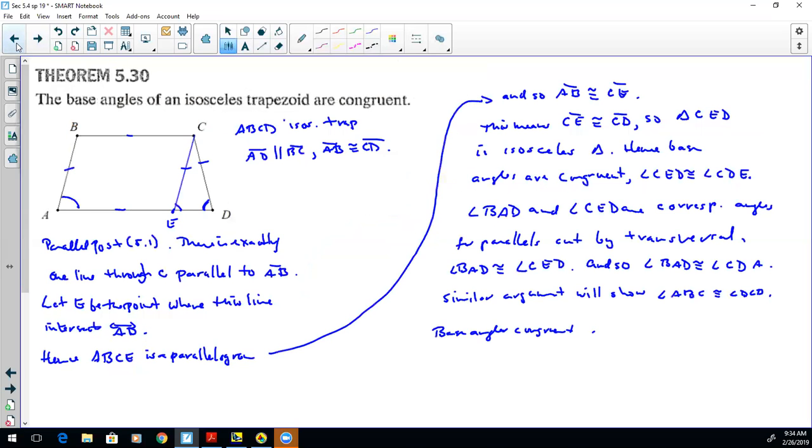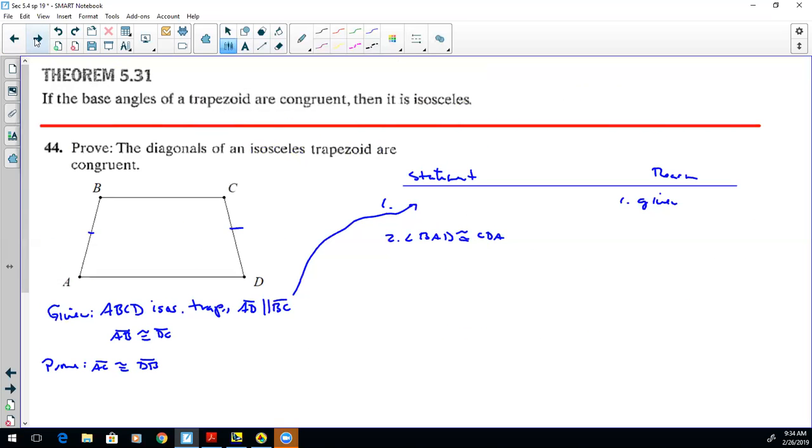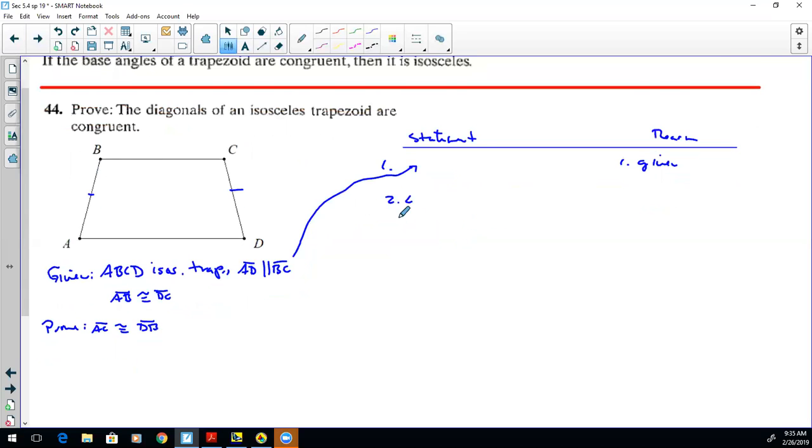So if I've got an isosceles trapezoid, let me go back here. You can't read that.